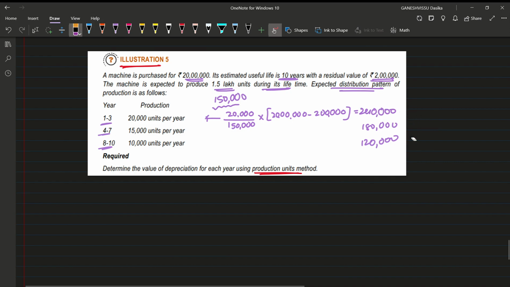So this is the annual depreciation. This is how we can calculate using the production units method.